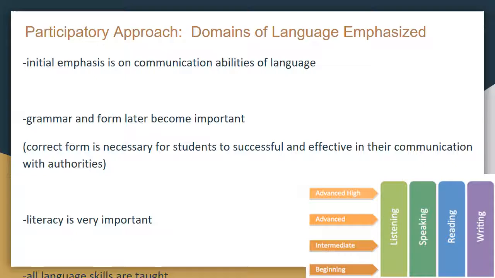Later, grammar and form, language form, and language accuracy are stressed, and the teacher helps correct and provide feedback to students, especially in their written messages, their texts that they write to present to community officials. And the idea is that community officials will be better persuaded if they are presented with written text or written essays, written letters that are grammatically correct.